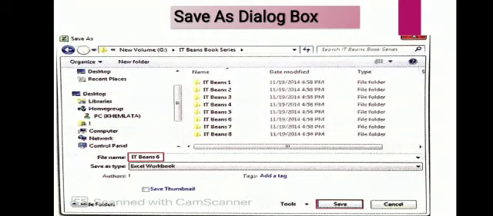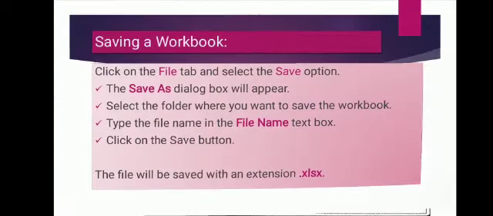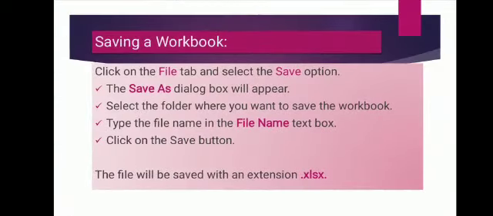Type the file name and click on the save button. The file will be saved with the extension .xlsx. This .xlsx is the extension for workbook. Okay, this you have to remember. Or simply you can save your file by using shortcut key, that is Ctrl+S combination.